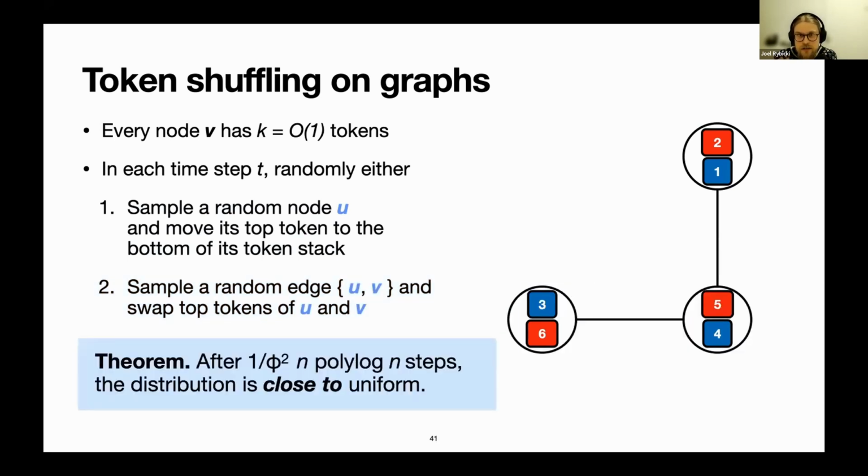Now, what we can show is that after at most k squared times polylog n steps, the distribution of the tokens becomes very close to the uniform distribution if we keep on applying just these two types of operations at random. So this kind of shuffling process will mix fairly fast. And it's fairly easy to design a population protocol that implements this kind of shuffling behavior, assuming we have access to some random bits in order to randomly decide which action to take.